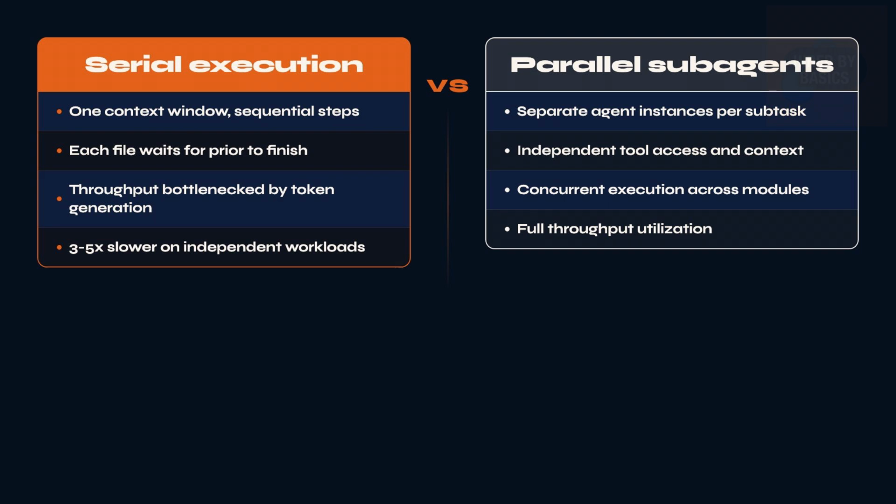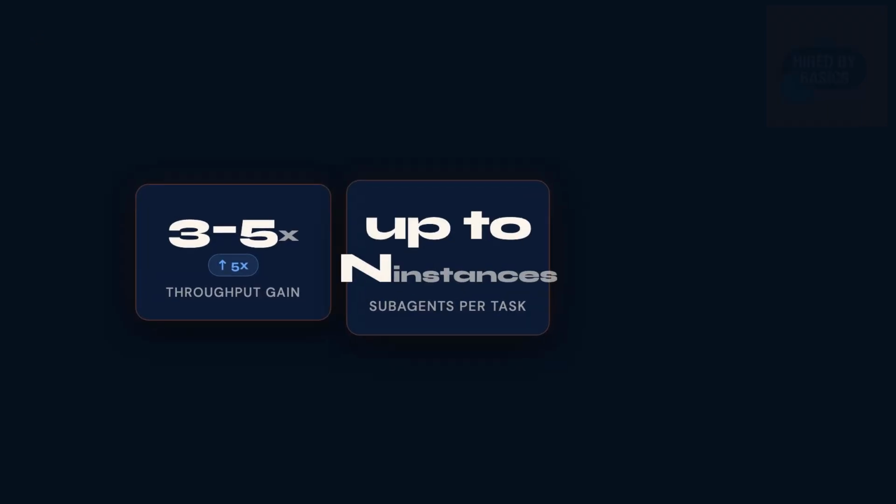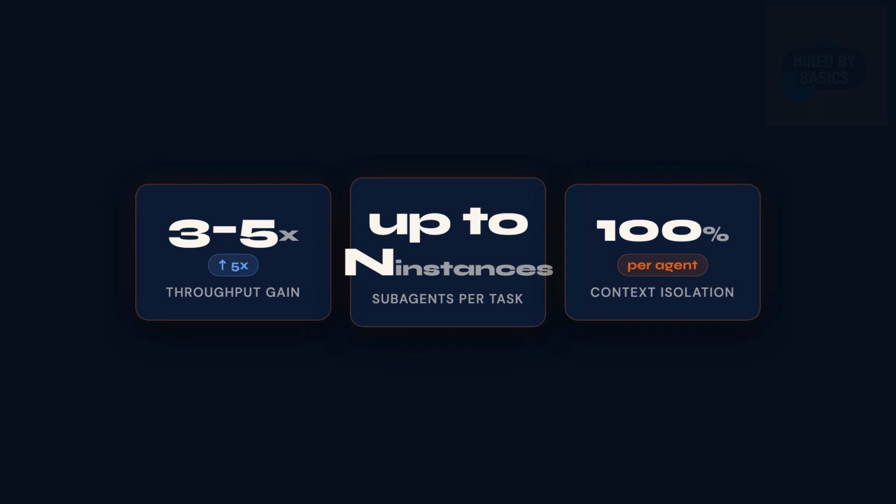The mechanism is straightforward. Claude Code can decompose a task and delegate subtasks to child agents with their own tool access, context windows, and execution environments. These aren't threads, they're full agent instances. The coordination happens at the orchestration layer, not inside a single context.